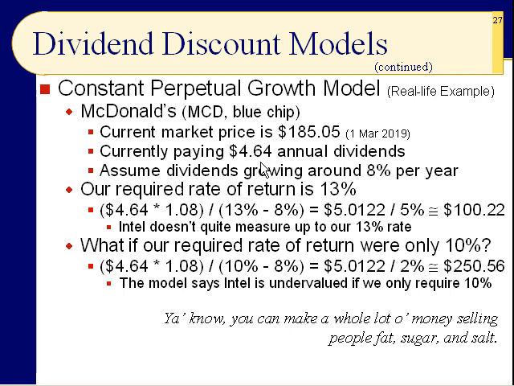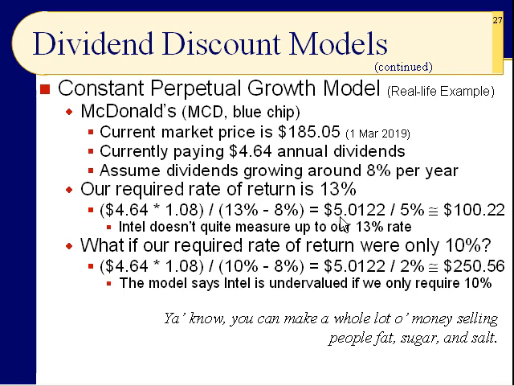It's paying $4.64. Now let's assume again that the dividends are growing around 8% per year. If our required rate of return is 13%, and I want you to do these, folks, they're not that hard. Do the calculations. $4.64 times 1.08. It's 1 plus the growth rate.